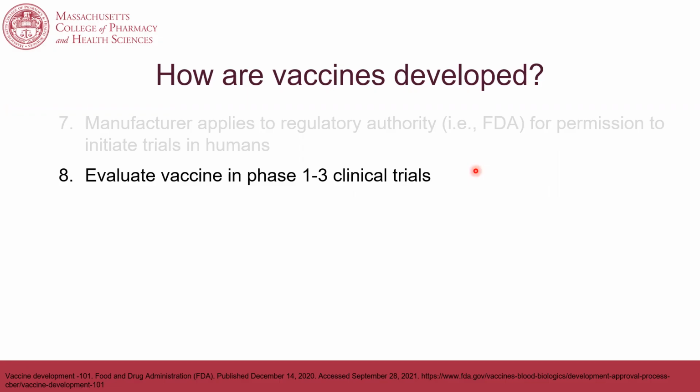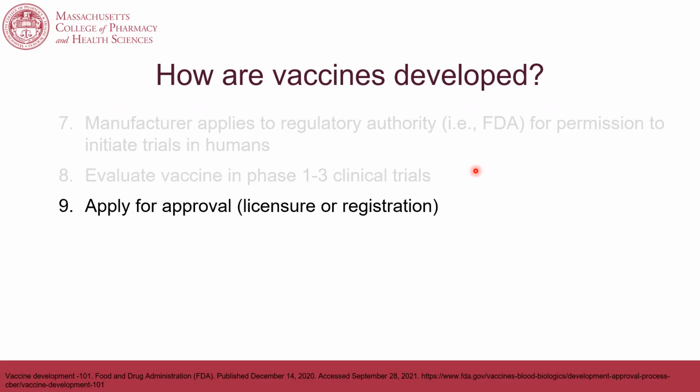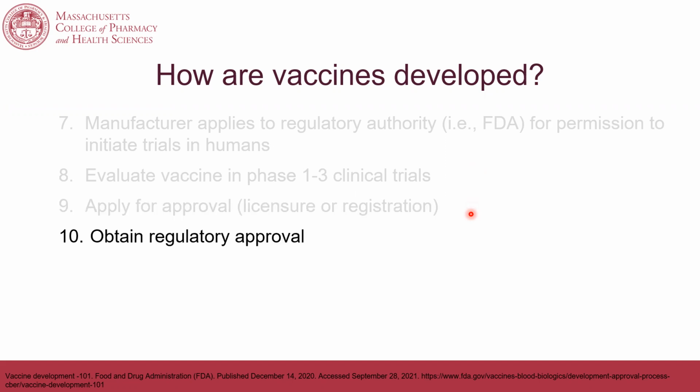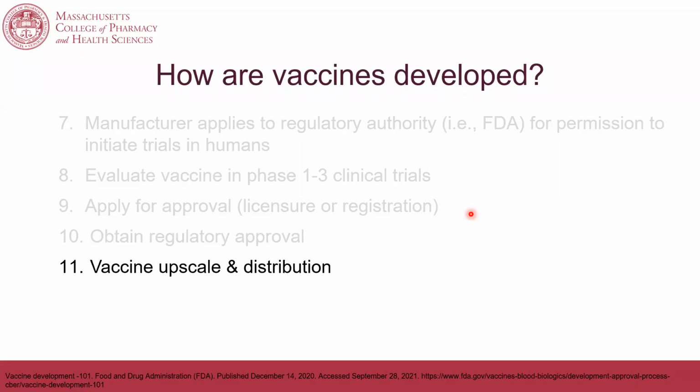And again, we're going to discuss more about clinical trials in the future. And then they apply for approval if they get good data from the clinical trials. If successful, they submit a BLA, a biologics license application. And then of course, they'll obtain that approval. And once they obtain that regulatory approval, then they'll upscale that vaccine and distribute it and market it.